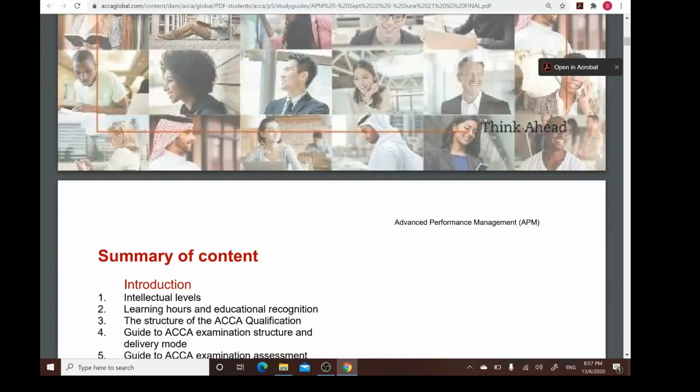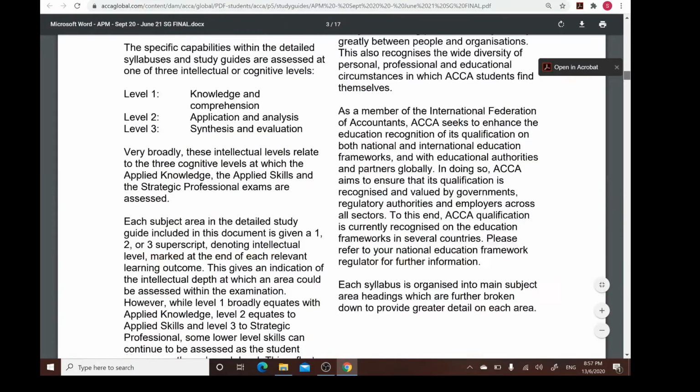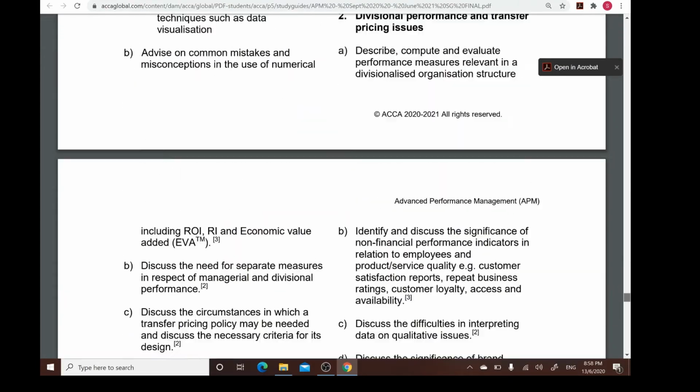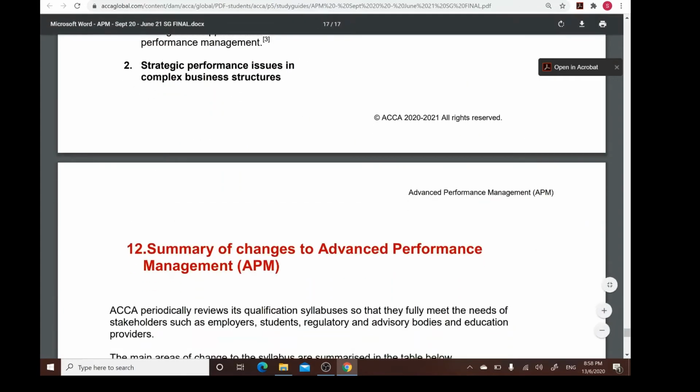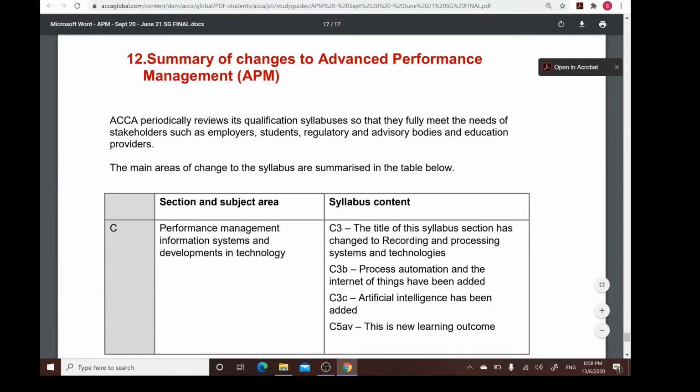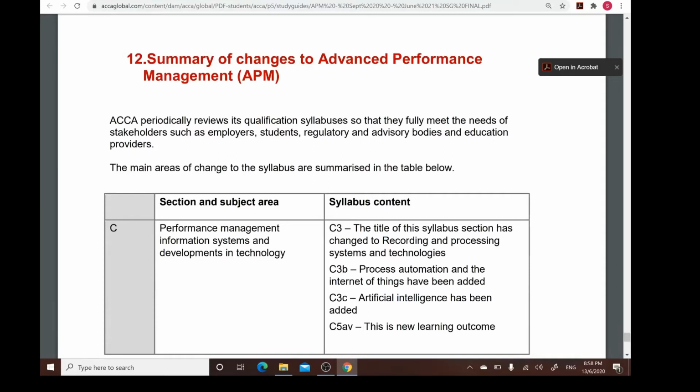It's always important to see which part is important first. I would suggest you look at the last page of the syllabus guide, which is the summary of changes to the Advanced Performance Management, APM.